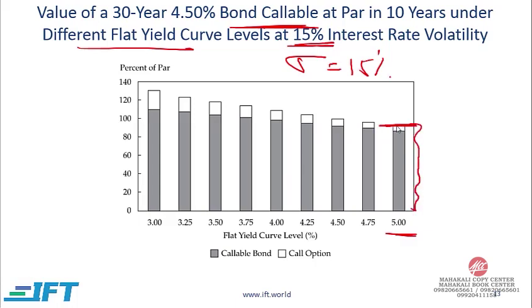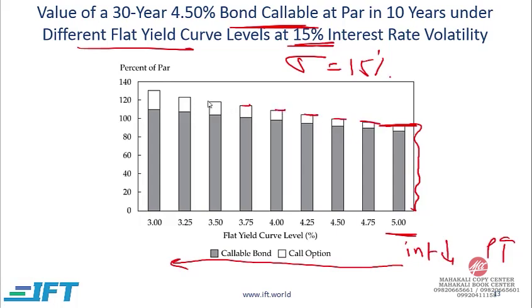The clear part is the value of the call option, and then the shaded part is the value of a callable bond. As interest rates go down, the value of the straight bond goes up, and that is consistent with everything that we've studied. As interest rates go down, the price of the bond goes up.